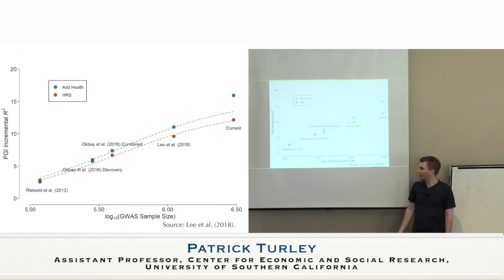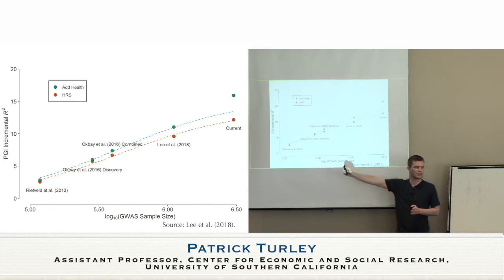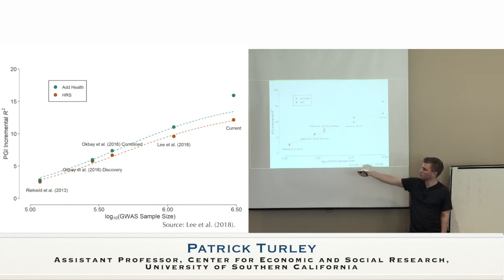Great. Here's just one more picture illustrating the Detweiler formula that I was showing you before, showing the relationship between sample size and incremental R-squared, the predictive power of the PGI. These sets of dots are PGIs based on different iterations of the educational attainment GWAS. These two dots here are a PGI based on EA1, which was in a sample of about 100,000 people.